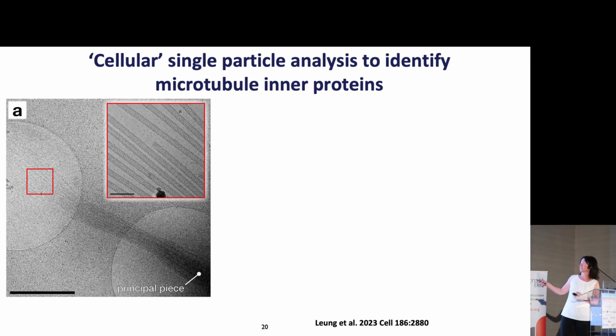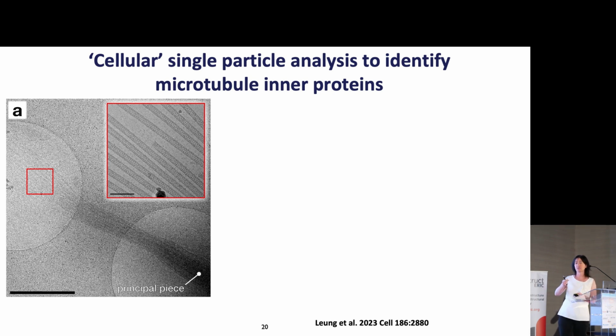And we identified this protein. This is called SPACA9, and because we had this very high resolution, we actually found that there is even another microtubule protein that we did not realize, which is called SAXO1, and this is a very thin one.